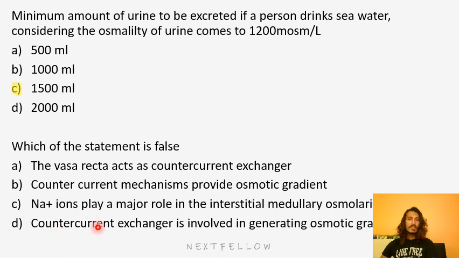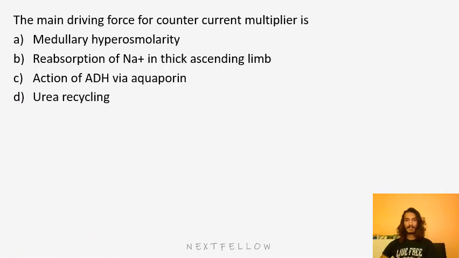Then, countercurrent exchanger is involved in generating the osmotic gradient. So the countercurrent exchanger maintains the osmotic gradient. Countercurrent multiplier is what generates the osmotic gradient. So that is a false statement. The main driving force for the countercurrent multiplier is... Over here, a lot of other things help in creating a concentrated urine, yes.